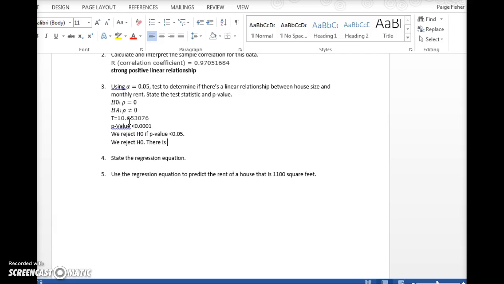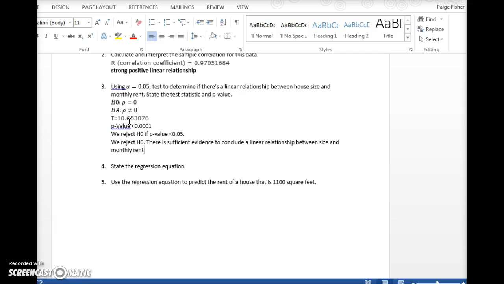There is sufficient evidence to conclude a linear relationship between size and monthly rent. Okay, so that's that for number 3. Number 4 says state the regression equation.